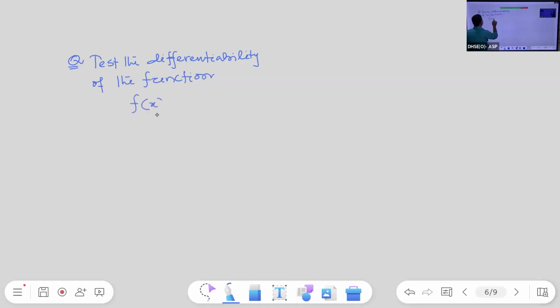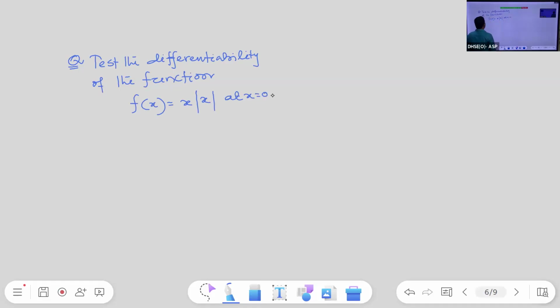Test the differentiability of the function f of x is equal to x into mod x at x is equal to 0.